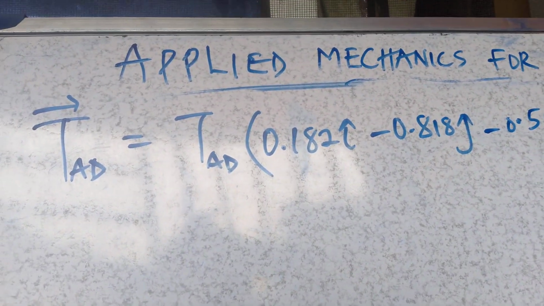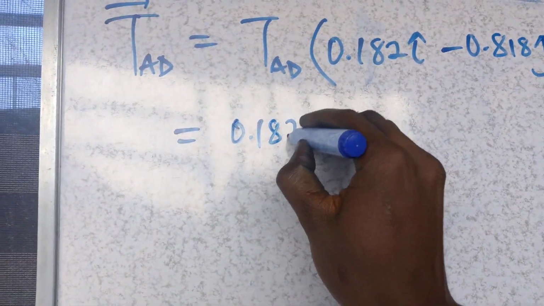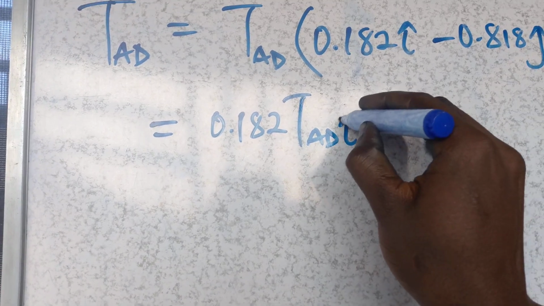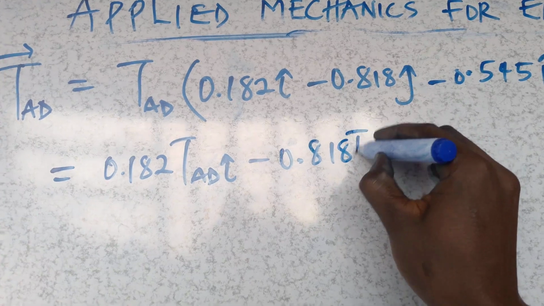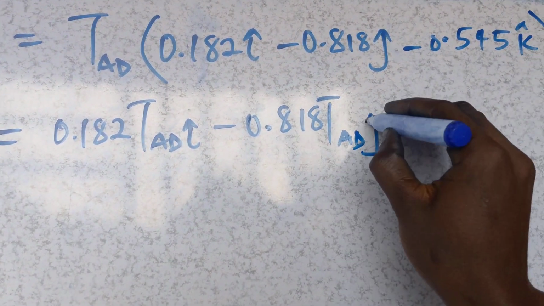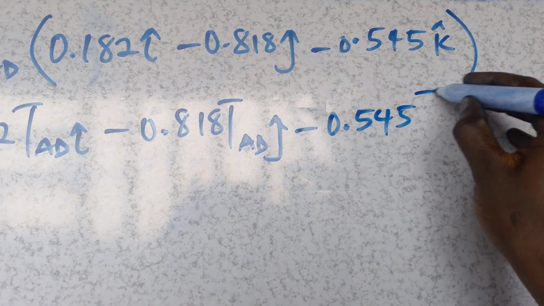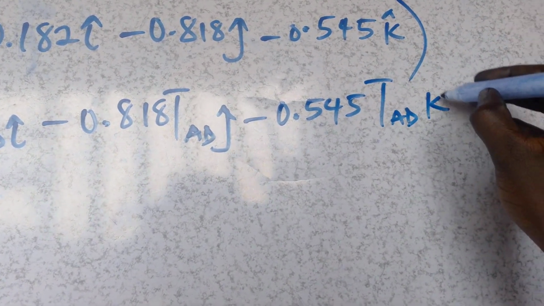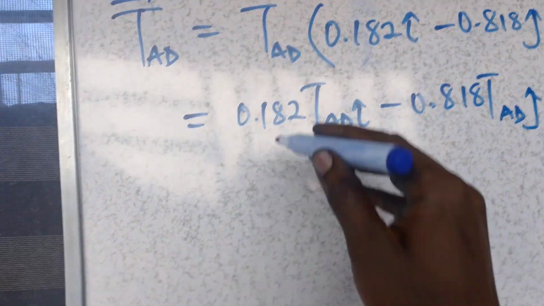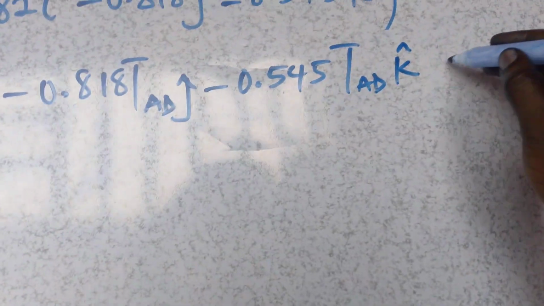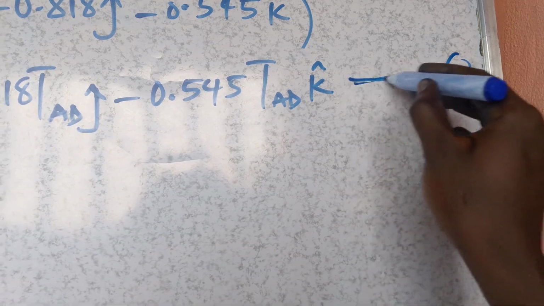I will then expand it: I have 0.182 TAD i, minus 0.818 TAD j, minus 0.545 TAD k. Call that equation 4.